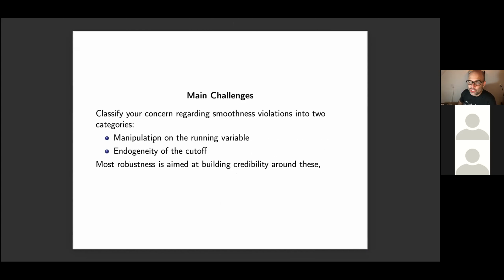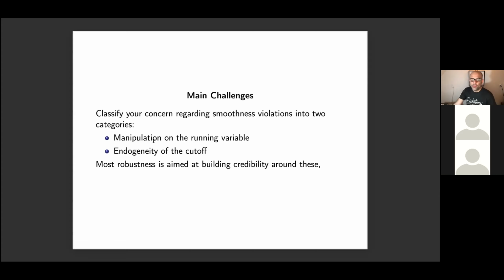The main challenges that you need to have in your mind when you're doing this RDD is something that was brought up a moment ago. Is it possible that someone is manipulating their running variable score, and it could be that the cutoff itself is endogenous, right?